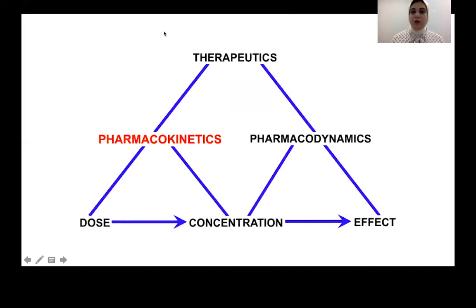So I want you to remember this relation. Pharmacotherapy or therapeutics depends on two main items, the pharmacokinetics and pharmacodynamics, which are affected by the dose, the concentration, and finally the effect of the drug on the body systems.